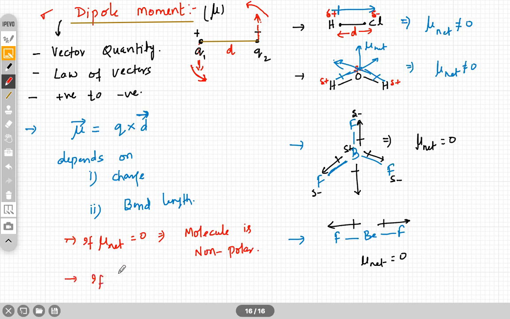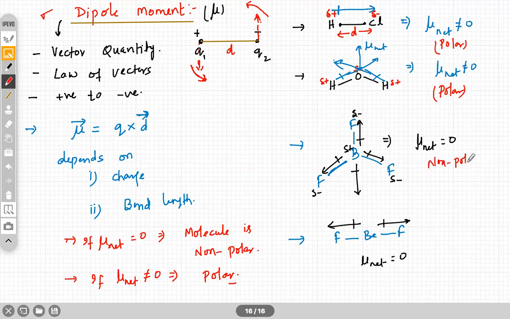If mu net does not equal 0, then the molecule is polar in nature. So water, you see, it is polar. This is also polar. Mu net does not equal 0. This is non-polar, and this is also non-polar.